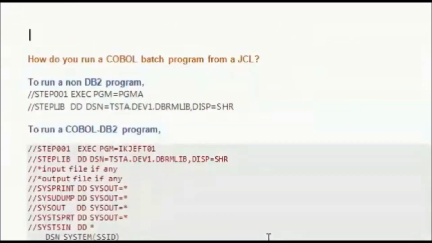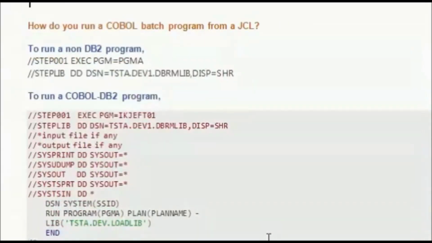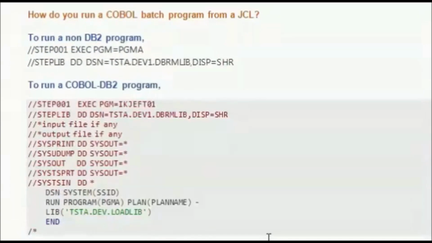How do you run a COBOL batch program from JCL? To run a non-DB2 program, that is only a COBOL program, you can simply code stepname EXEC PGM= your COBOL program name. You can also specify the STEPLIB and JOBLIB if required.